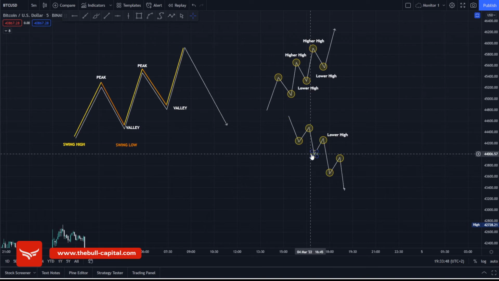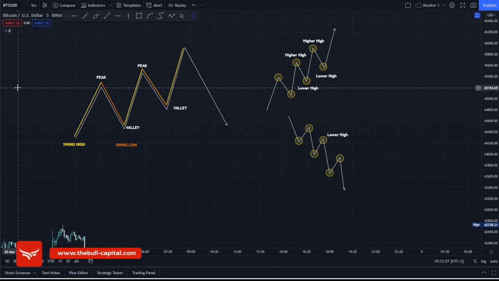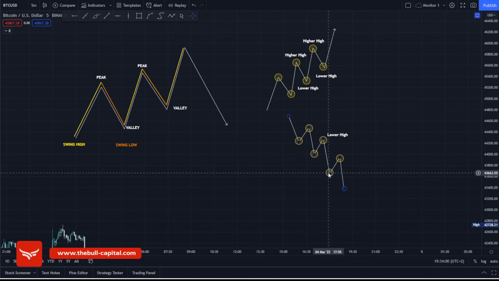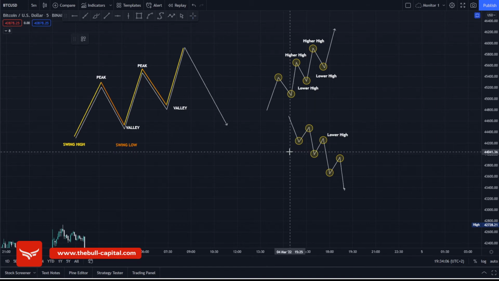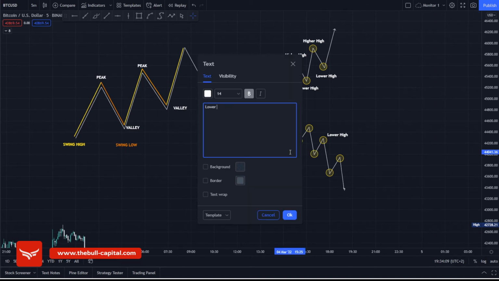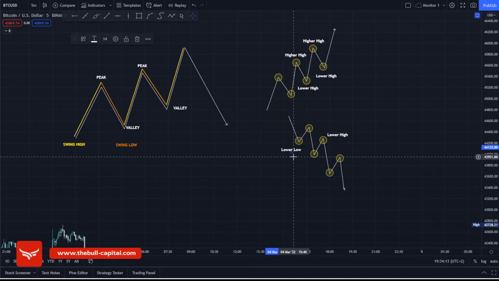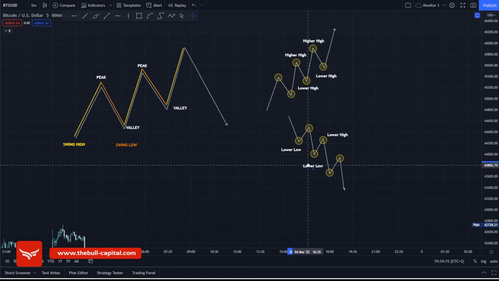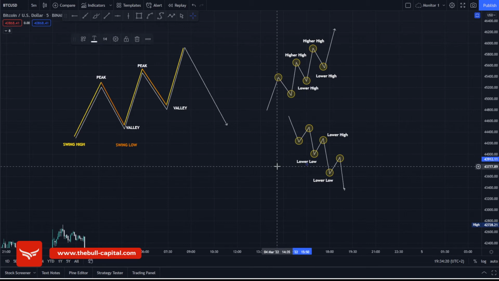Now this valley here, this swing low, is lower than the previous valley, and the next valley is lower than the previous one. That's called a lower low, because it's lower than the previous one.